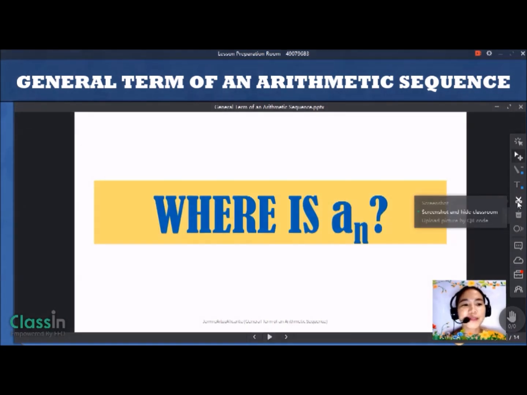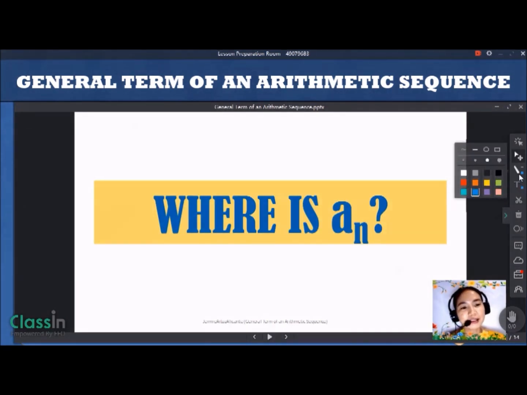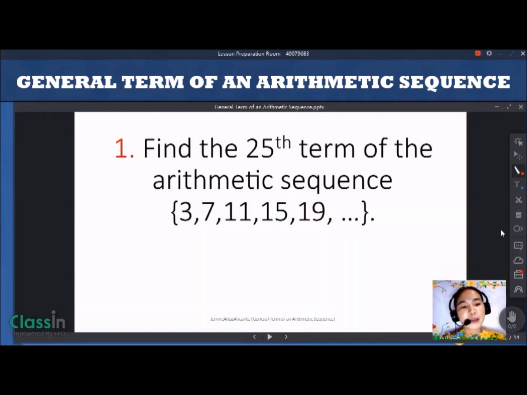Now, let's use this formula in solving for problems regarding the general term of an arithmetic sequence. Let's go. For the first activity, we will just solve for the nth term or a sub n of an arithmetic sequence. For the first example, we have the problem, find the 25th term of the arithmetic sequence 3, 7, 11, 15, and 19.